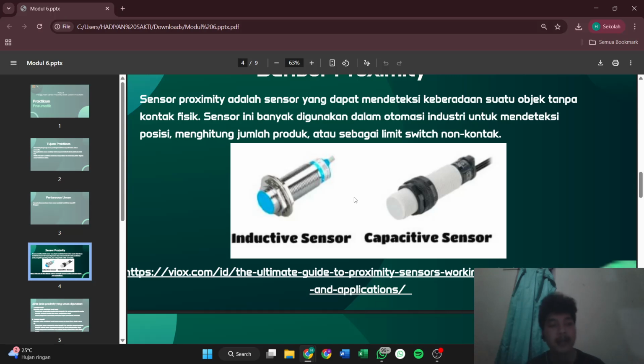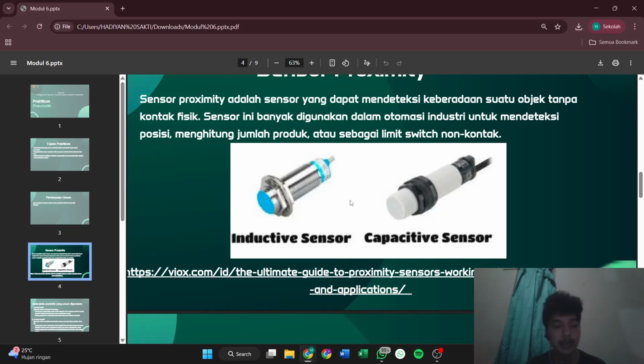In relation to the pneumatic system, proximity sensors are commonly used to detect the position of the pneumatic cylinder piston. When the piston reaches its position, the sensor detects it and sends a signal to the PLC.